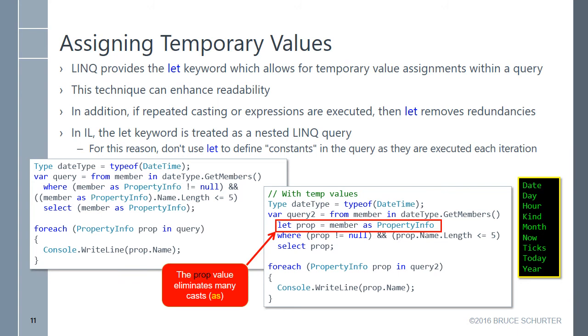So as I just implied, the let command creates subqueries. So we don't want to use the let command to define constants or things that don't change within the query. Say, for instance, we wanted to define a list of objects that we were going to query against, such as, let's look at our student example, we wanted to get maybe high school students, and we know they will contain the values 9, 10, 11, 12.